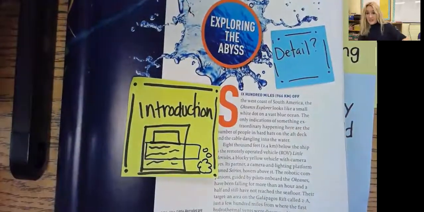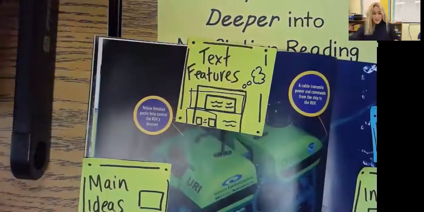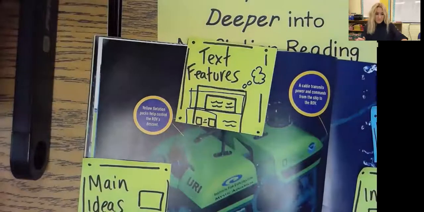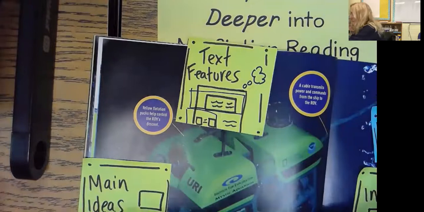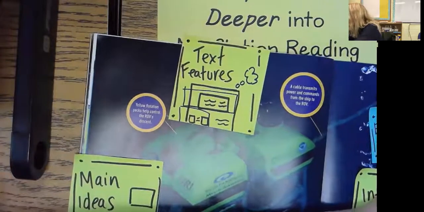Is it a new detail? Is it an example? In this case, I probably have to add another post-it. It seems like it's more of an explanation. I'll add that too. That's what this seems like.